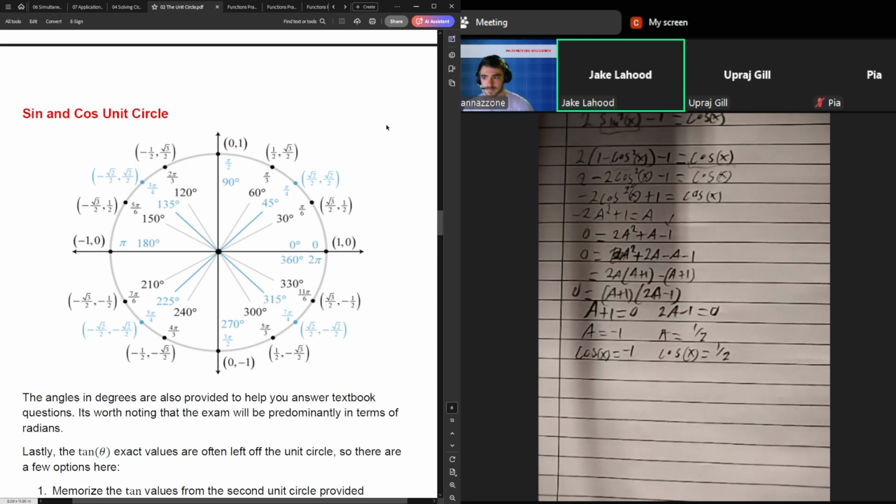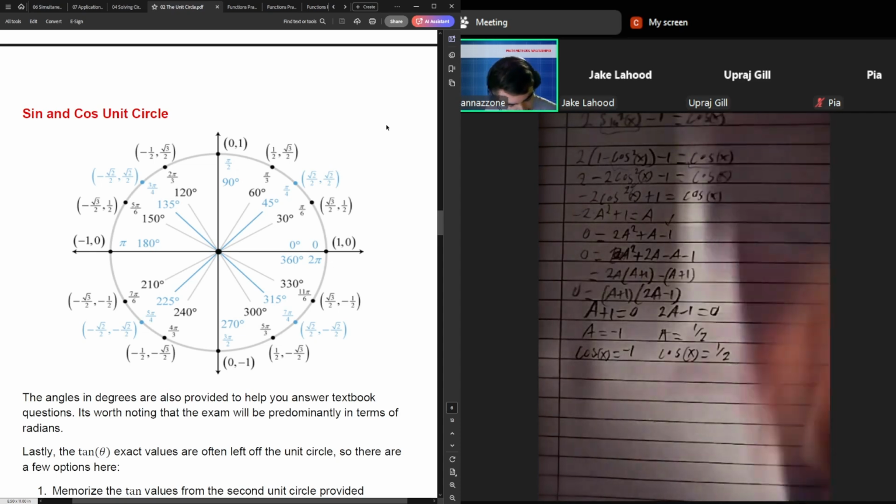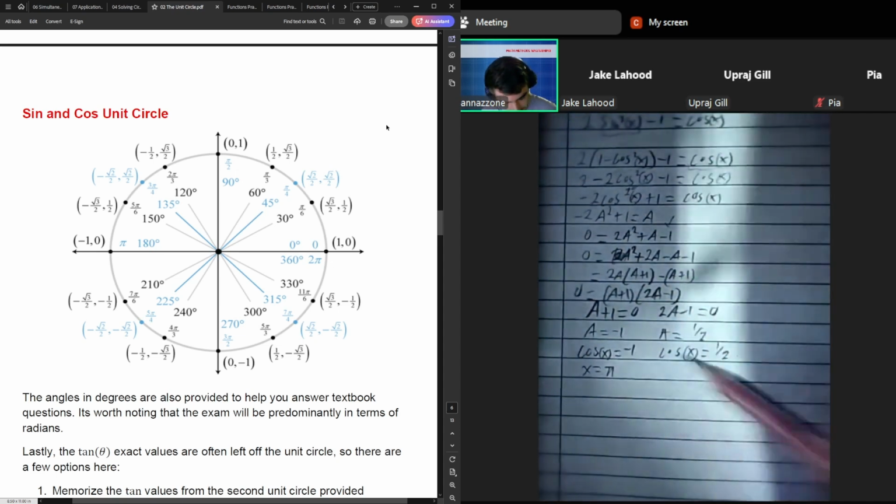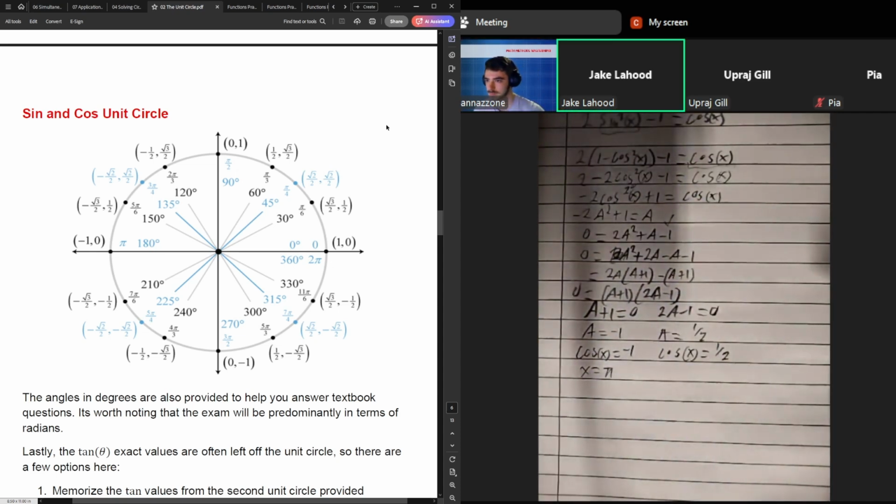For -1, would it be pi? Yep, pi, perfect. And then for a half, it would be pi/3. Pi/3 is one of them, yep.